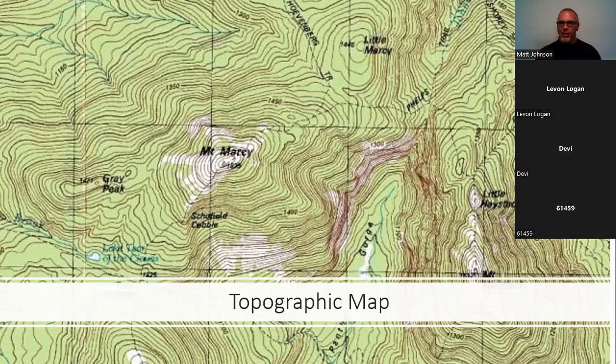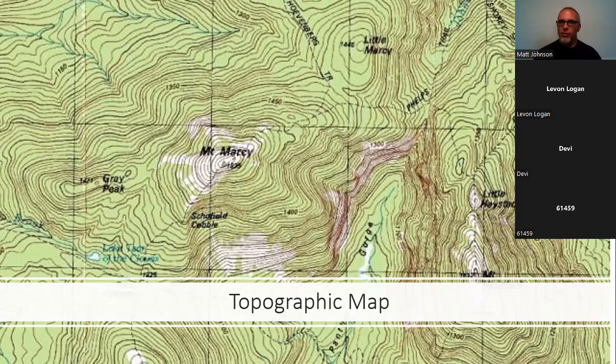By doing that, you can see where mountain ranges are. So we have, I think it's Mount Marcy, right here. You can see how those contour lines are showing you elevation as you get to the peak of the mountain.